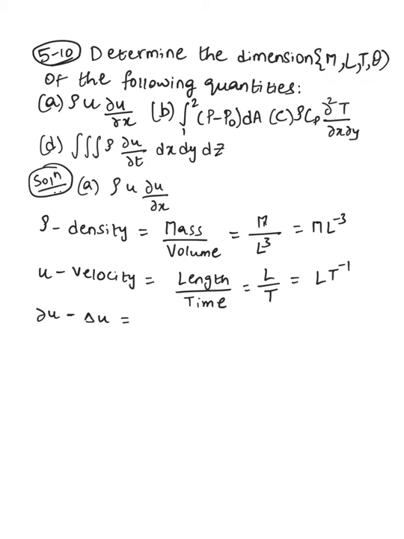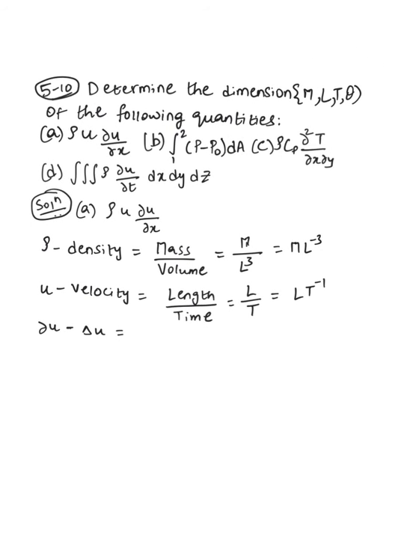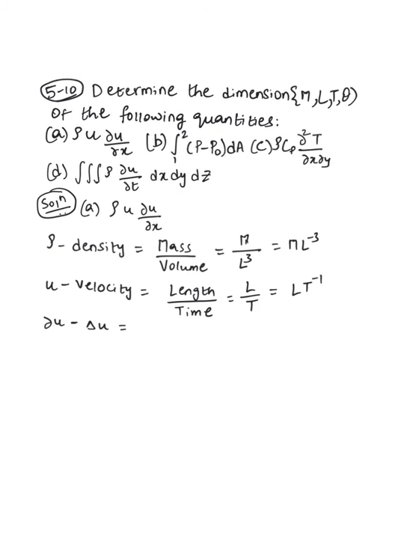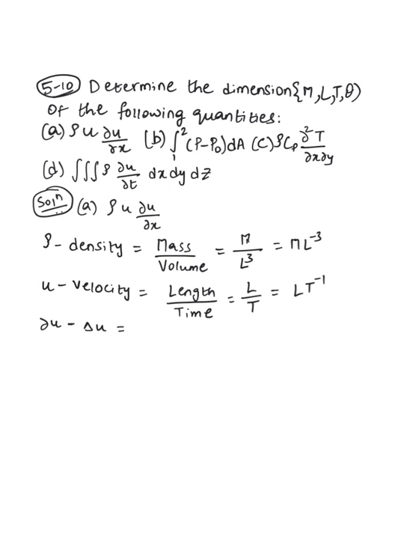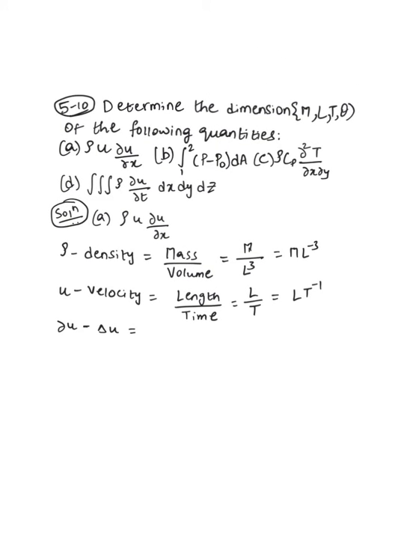So similarly, delta u, which is change in velocity, can be represented as length to time, which is again L over T, and that equals L T power minus 1.